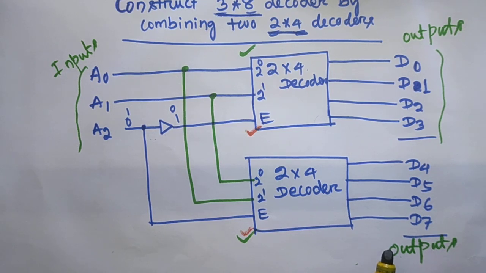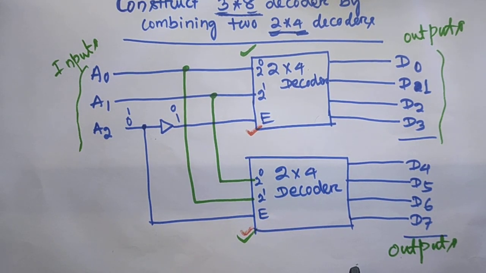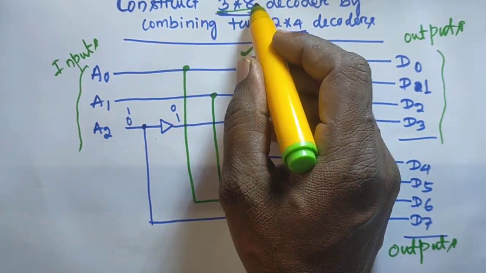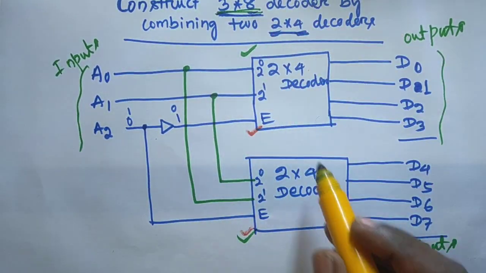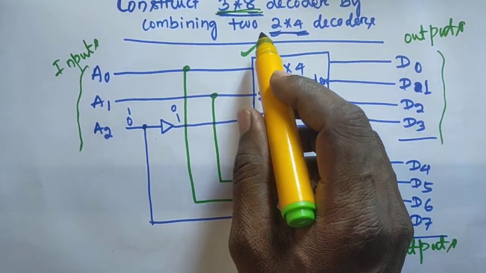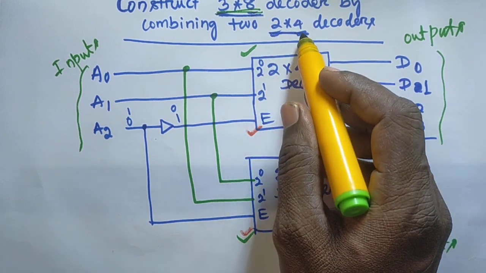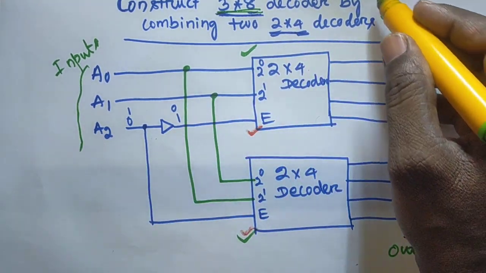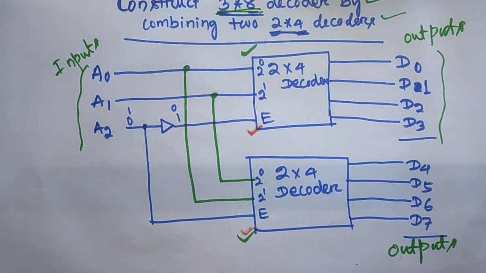Similarly, 3 dimension is a combination of 2 dimension and 1 dimension. Similarly, we can construct the 3 to 8 decoder in this manner, by combining 2 to 4 decoders.